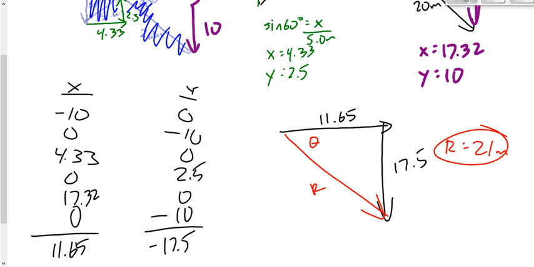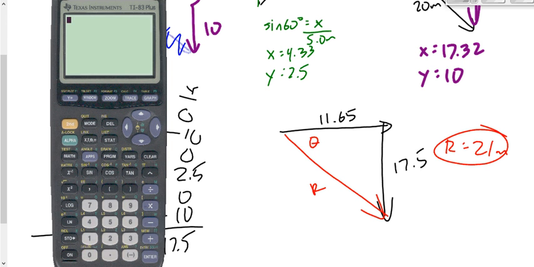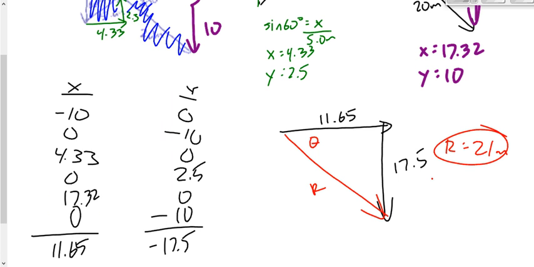And find theta by saying the inverse tan function. We should actually check. We're in degree mode. Sine 90 equals 1. Yep. Degree mode. The inverse tan of opposite over adjacent gives me 56 degrees.